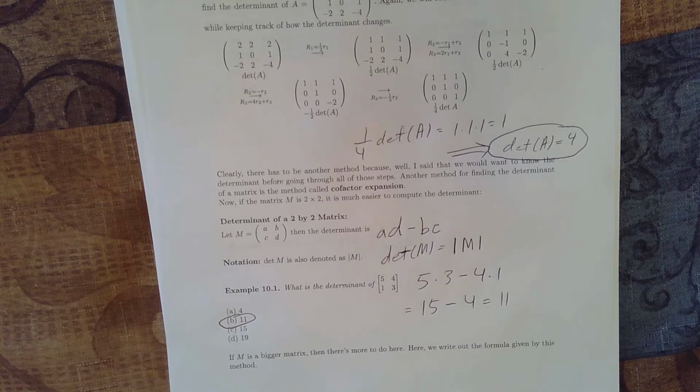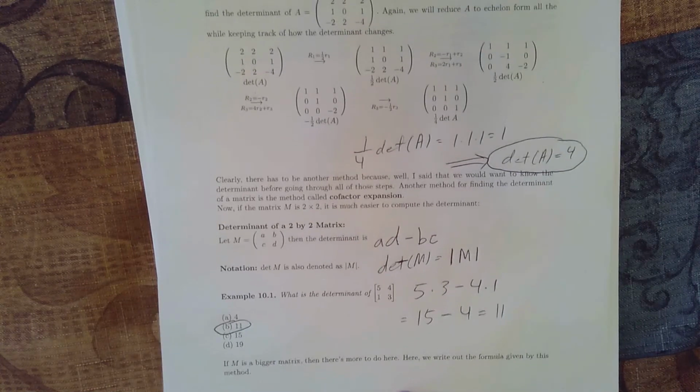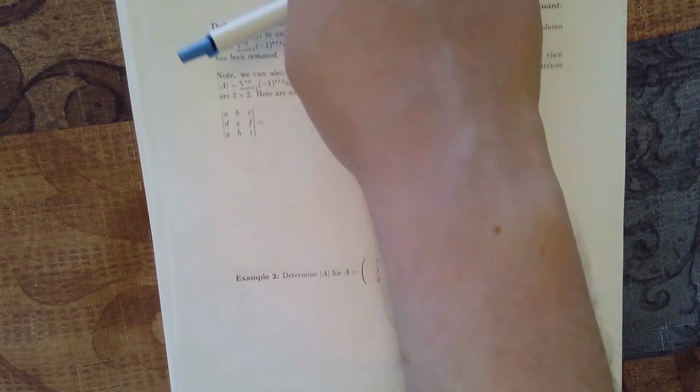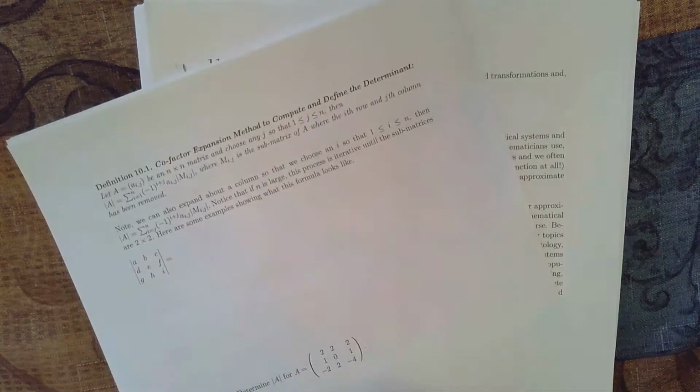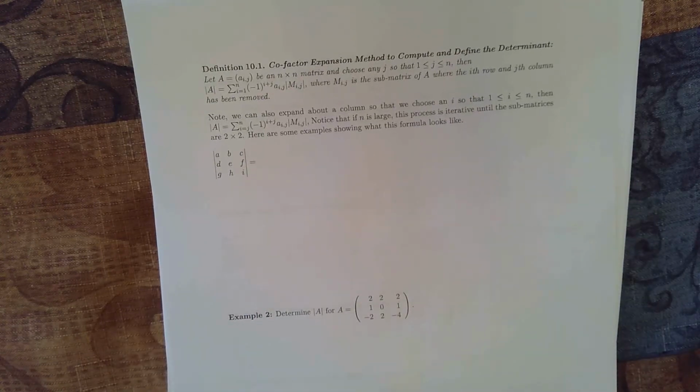Now, if we have a matrix that's bigger than a 2 by 2, we have to do something a little more involved. And this is going to be something called cofactor expansion. So we're going to let A be an n by n matrix, and we're going to choose any j such that j is between 1 and n. It can include those.